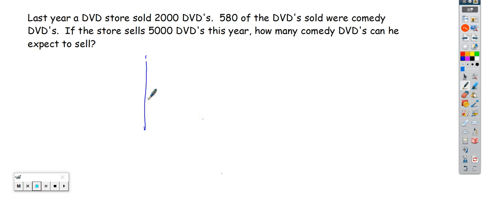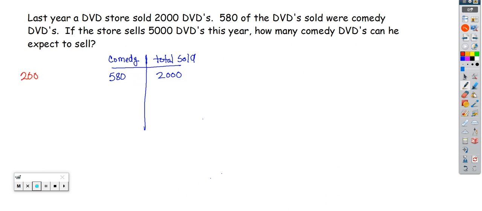Okay, so this is going to be total sold. Let's make our table. And over here, this is comedy. Starting with our rate. So he sold a total of 2,000 DVDs, but 580 of those were comedy. Now, you know, in order to find the constant of proportionality, remember it's Y over X. So I'm going to divide 2,000 by 580.